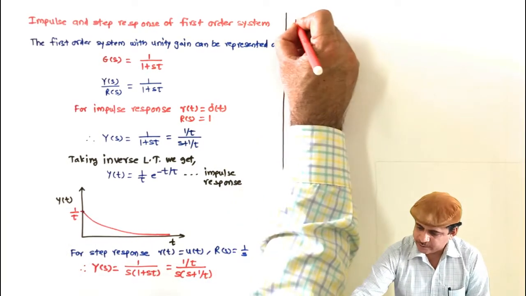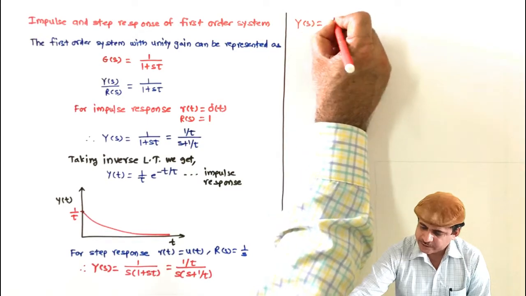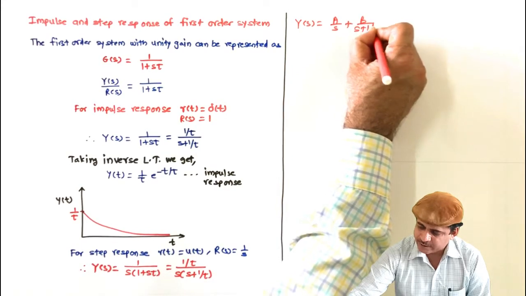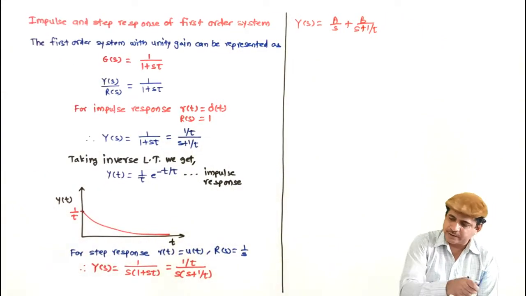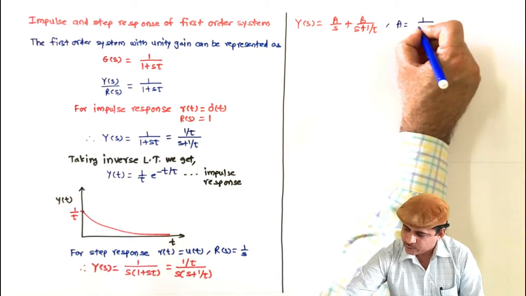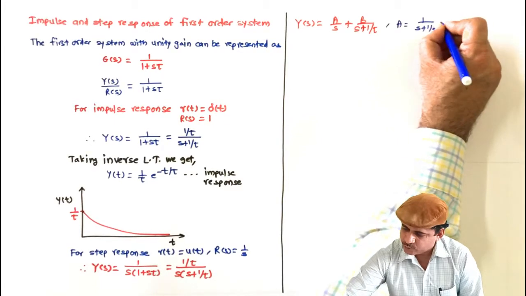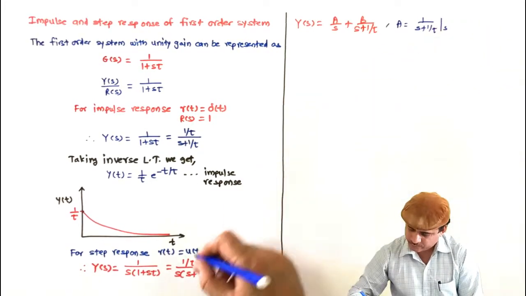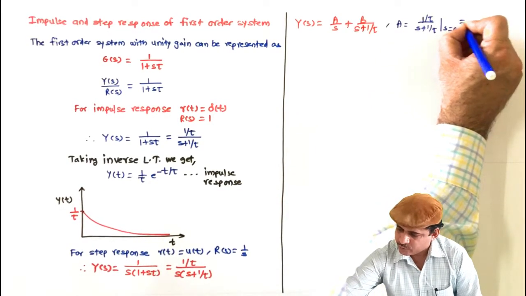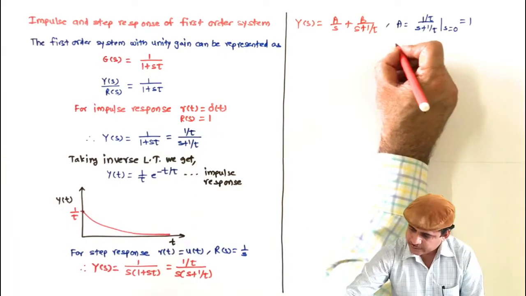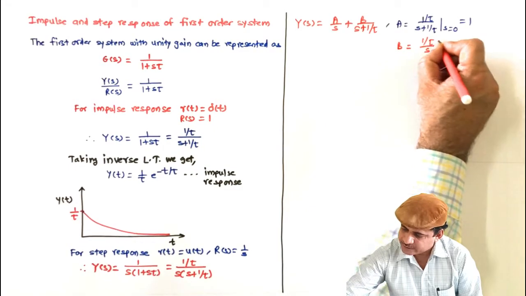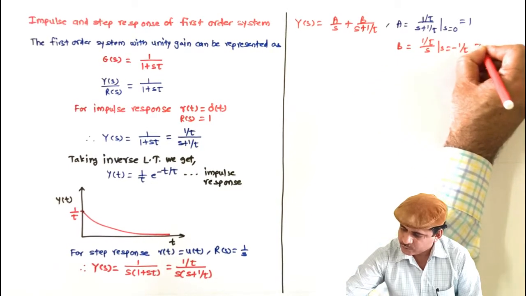So it can be written by partial fractions as A by S plus B by S plus 1 by tau, where A is equal to 1 by tau upon S plus 1 by tau, keeping S equal to 0, this is 1, and B is equal to 1 by tau by S, keeping S equal to minus 1 by tau, that is minus 1.